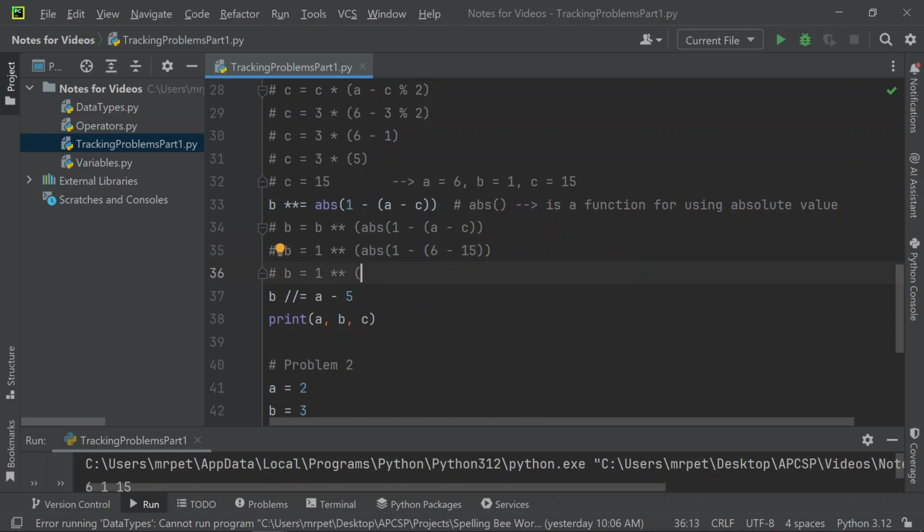Okay, so I know I'm going to do these parentheses first, but now we have parentheses and parentheses, so that means we'll do the inner parentheses first. So 6 minus 15 is minus 9. It looks like I'm missing a parentheses here. This parentheses here should line up with that one, this one with that one, this one with that one. So a lot of parentheses.